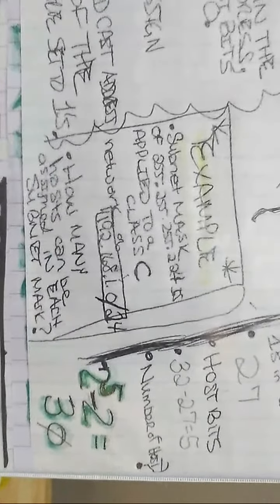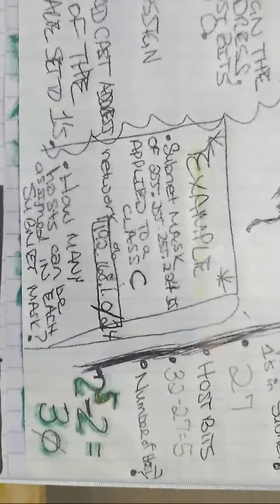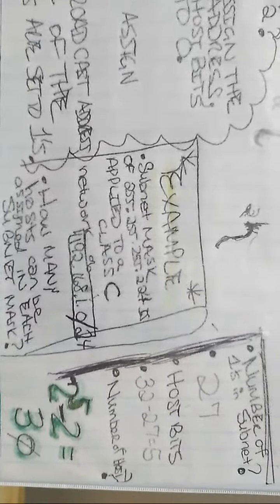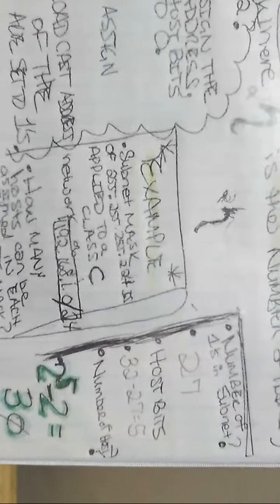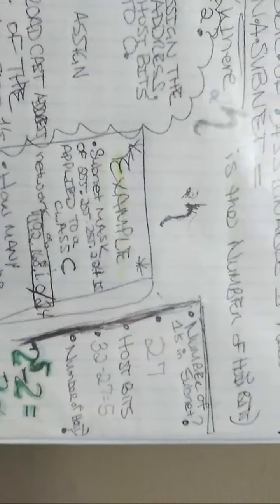So in the next example, we are slicing with a /27 subnet mask. How many hosts are we going to be able to create in each of those 8 subnets? Well, we raise 2 to the power of h. We have 27 network bits.